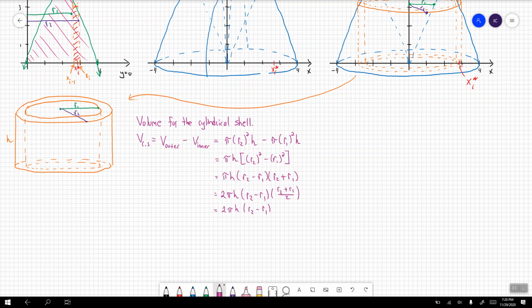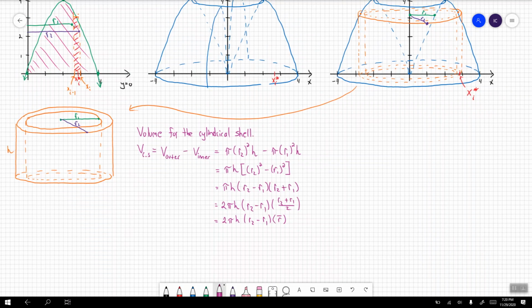If it's the midpoint between radii 1 and radii 2, then that's just going to be the midpoint of that interval that we're looking at. So I'm just going to say here r bar. That's going to stand for the midpoint.